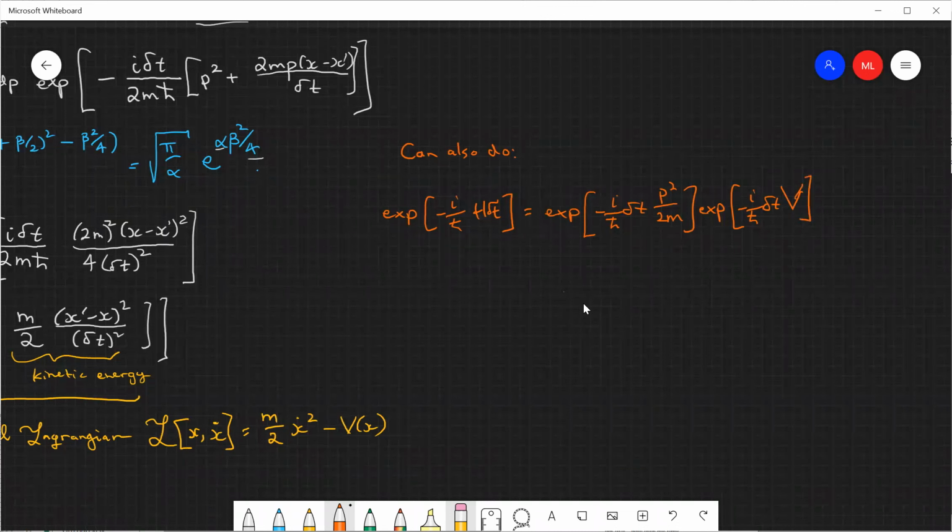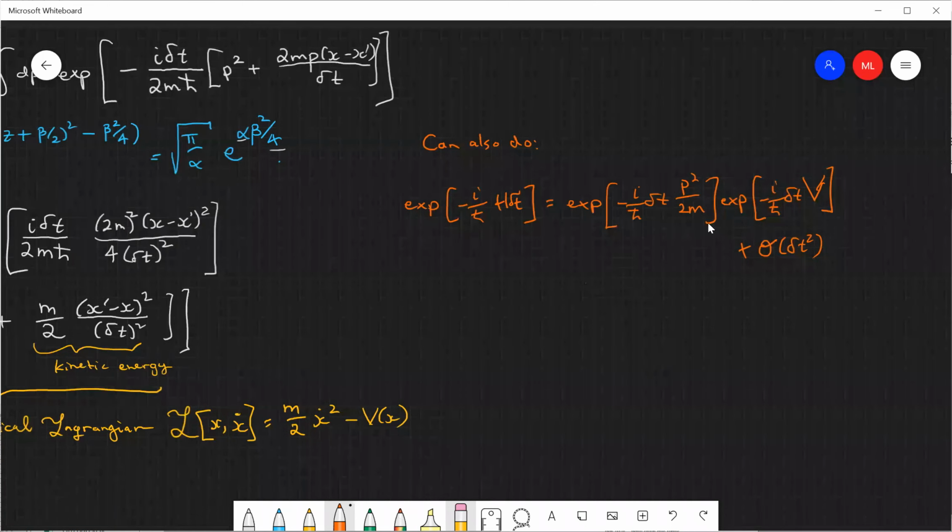And then the corrections that you get due to the commutator are small. So you get something of order delta t squared. That's the correction. So you can do it that way. I just didn't feel like doing it because I didn't want to calculate commutators and stuff.